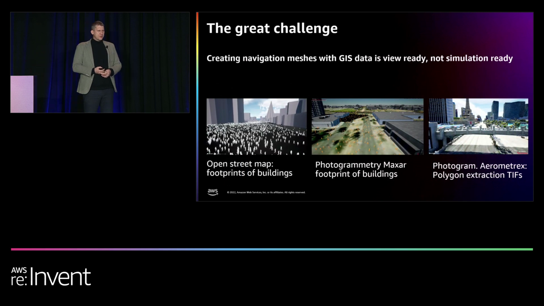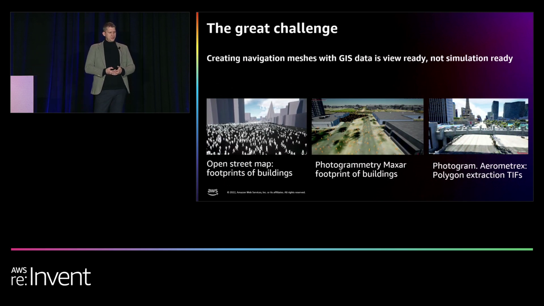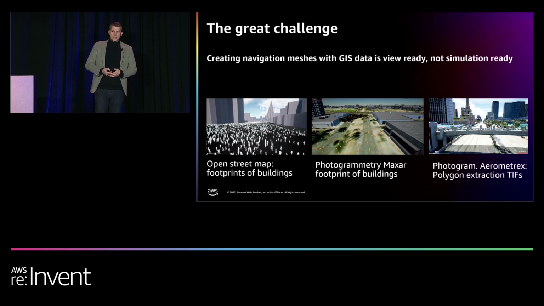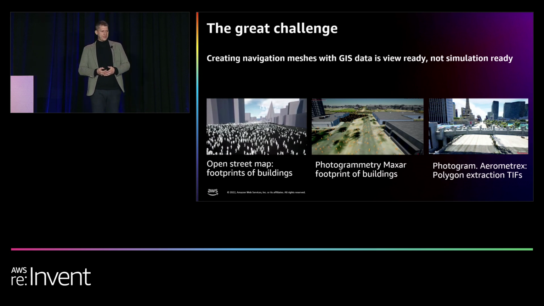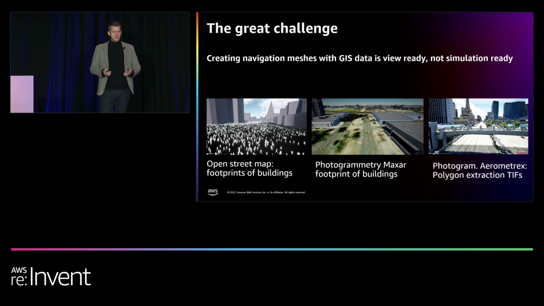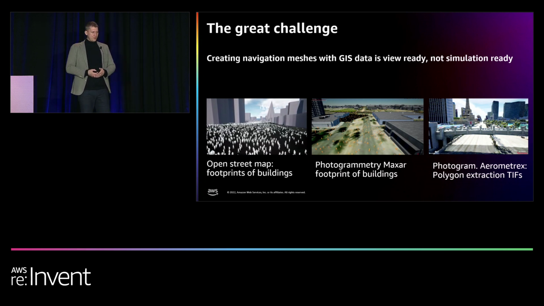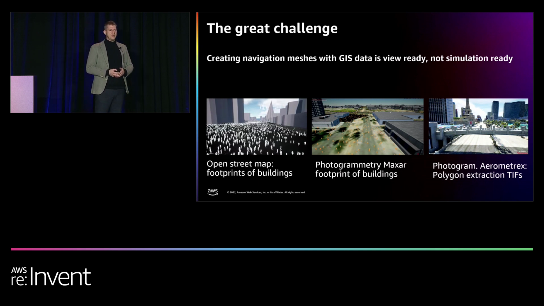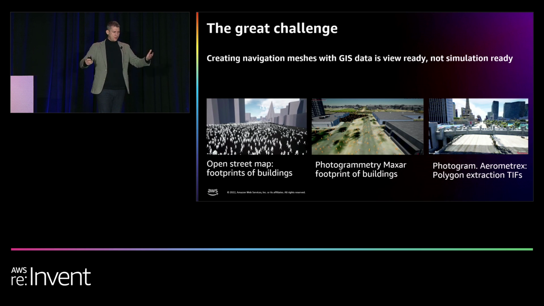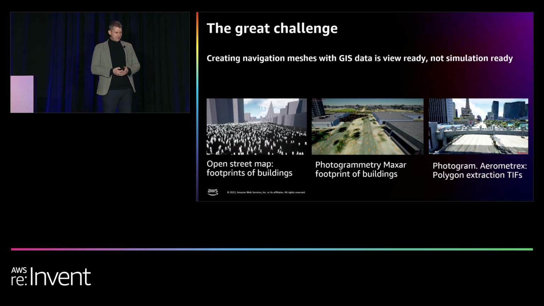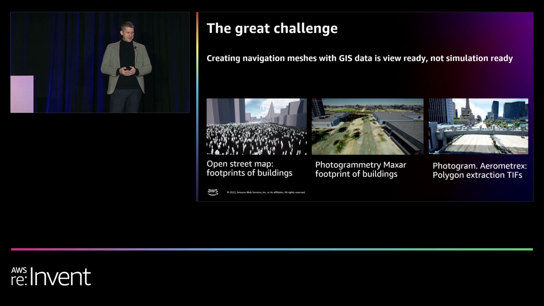So the creation of these navigation mesh structures that is needed for the simulations can be quite difficult when you're working with GIS data, because it's view-ready in general, but not simulation-ready. So we looked at 3 examples. The first one is that we can make a simulation anywhere on Earth based on OpenStreetMap, so it's open data, with some satellite data.